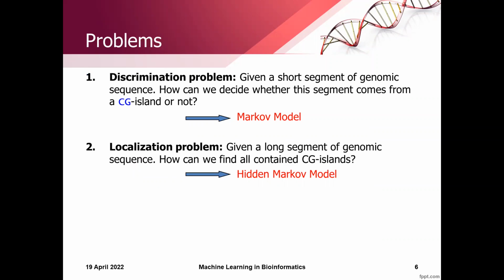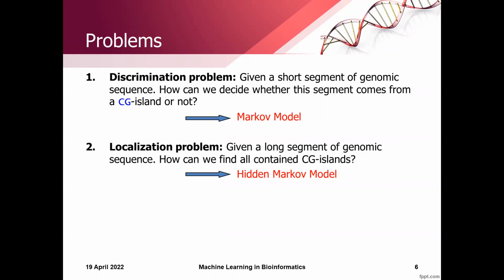So there are two problems. The first problem is the so-called discrimination problem. If we obtain a sequence, the question is: is the whole sequence a CG island? And the second problem is that I have obtained a long DNA sequence, and I should identify segments in the sequence which are CG islands. Actually, we are not interested in CG islands. We are interested in coding sequences.